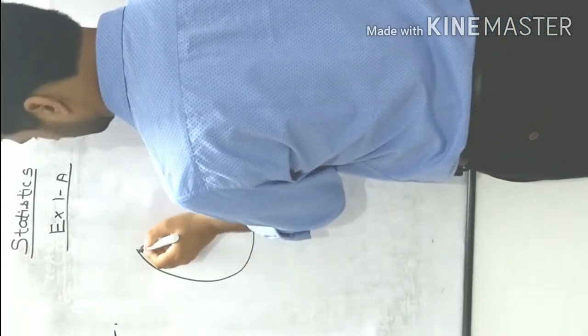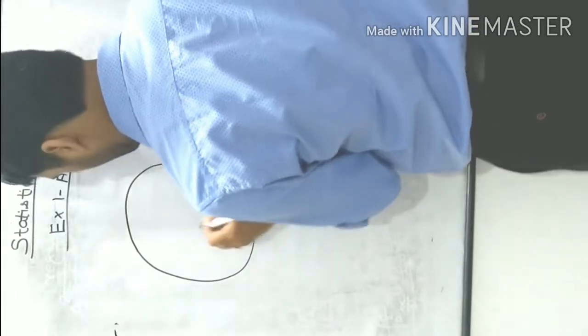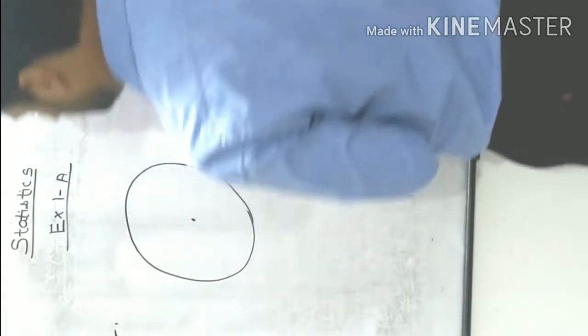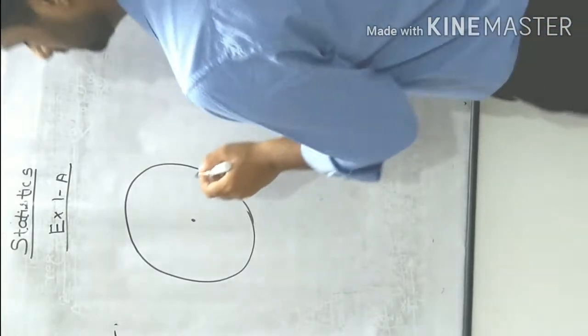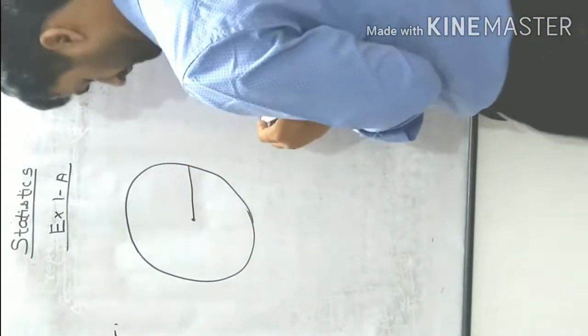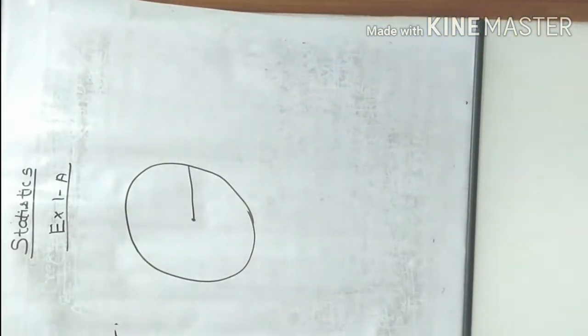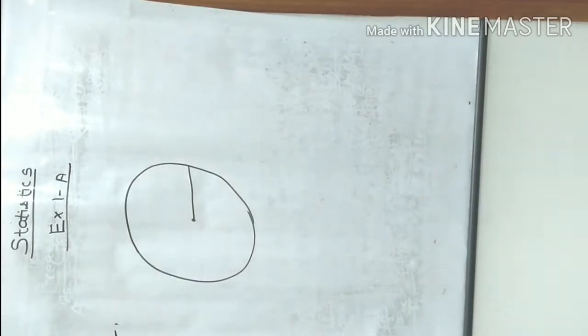Now see here, you draw a circle there, and then first you draw a horizontal line. Then what you will do is, any angle you can note down first, mark first.